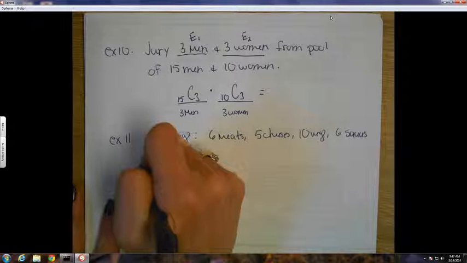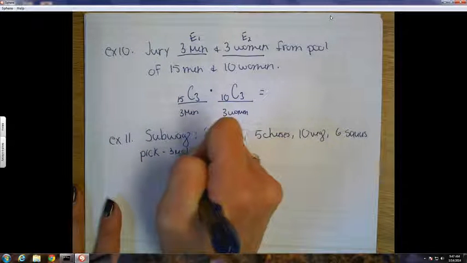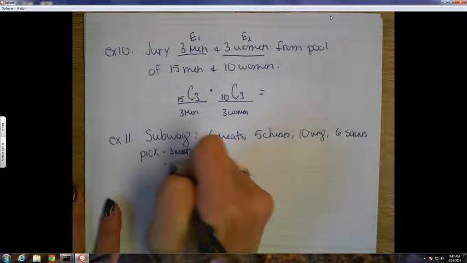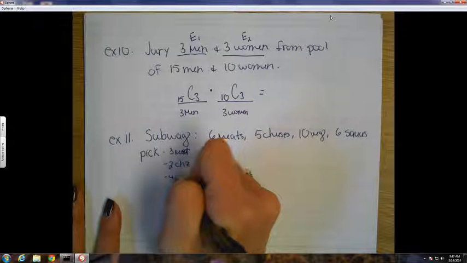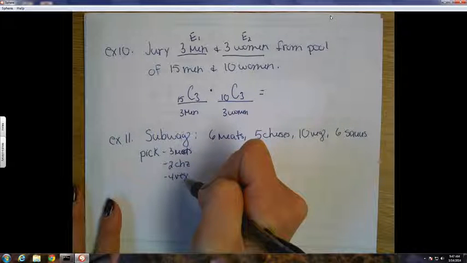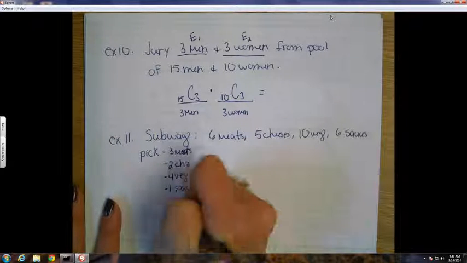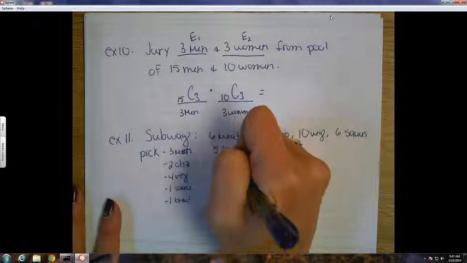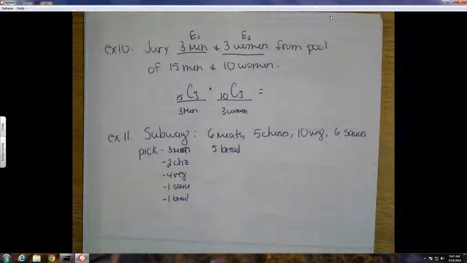You are going to pick 3 meats, 2 cheeses, 4 veggies, 1 sauce. Oh, we forgot the bread, for goodness sake. I think they've got 5 breads, and we pick 1. How many different subs could you make that had 3 meats, 2 cheeses, 4 veggies, 1 sauce, 1 bread?